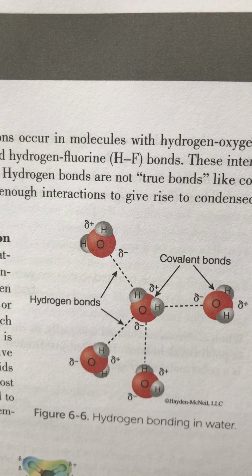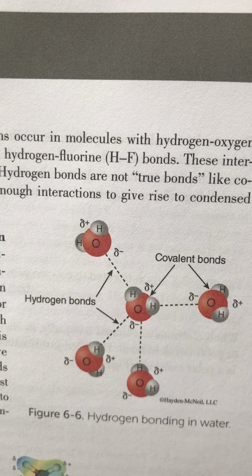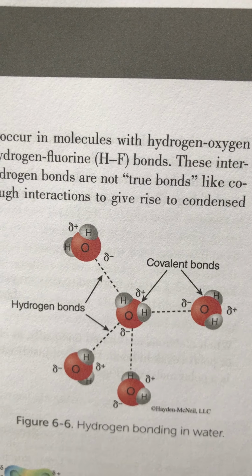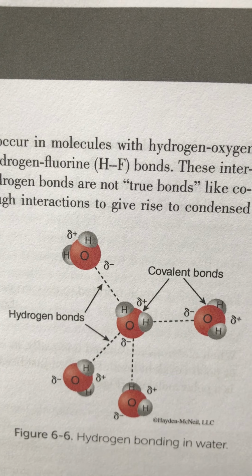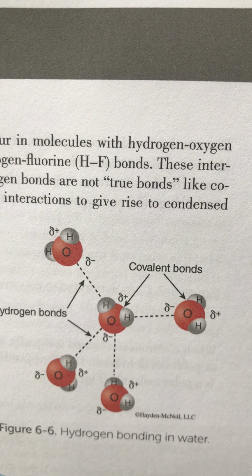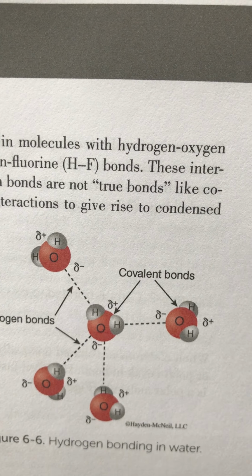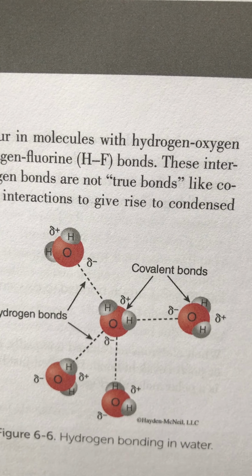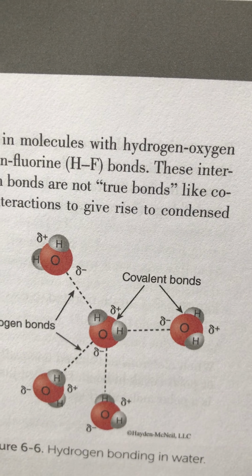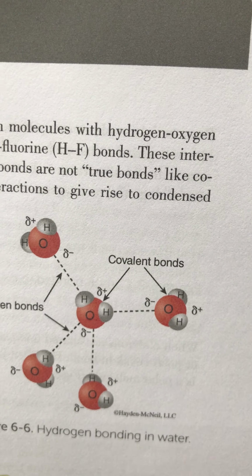You can see, sorry, I'm holding this up with my hand, that's why it's moving, the partial negative on oxygen is going to be attracted to the partial positive on the hydrogen.